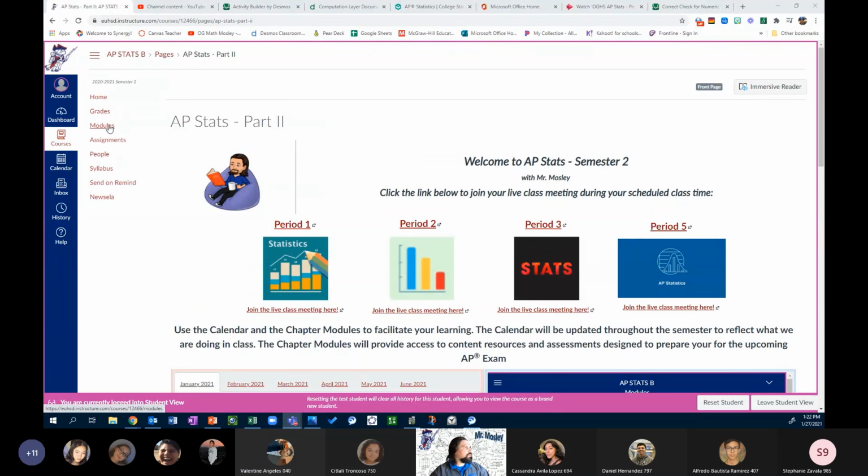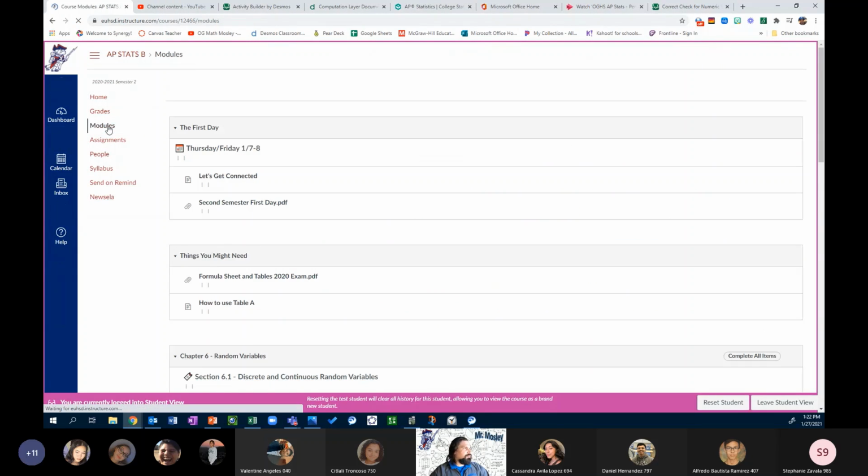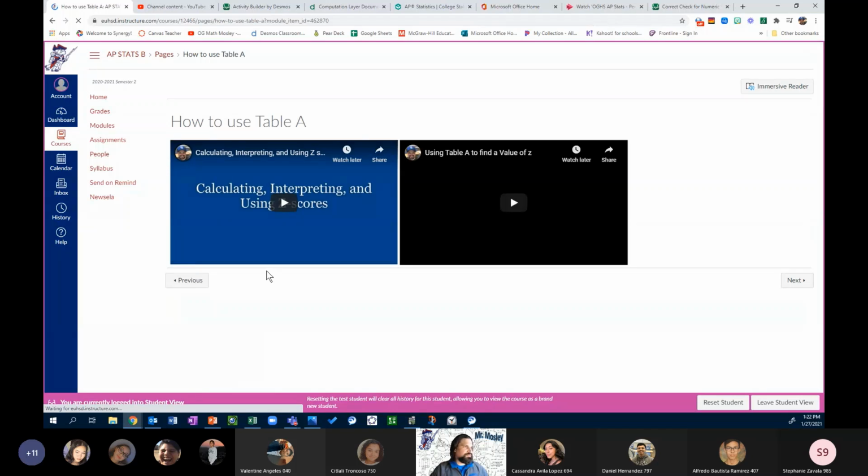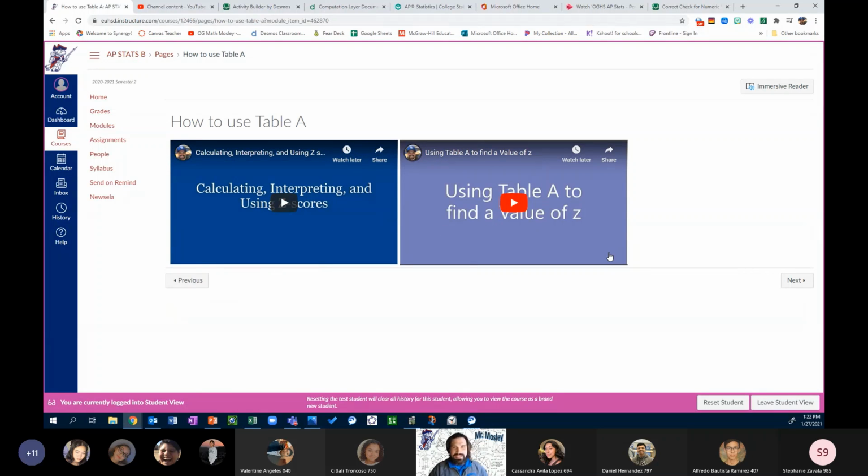So there's that. If we take a look at our modules, in our things you might need module, this one is just kind of like a catch-all for things that I think we should have access to. We've got our formula sheet and tables, and then I have this new page here, how to use table A. This actually has a couple of videos that I made last semester showing scenarios and problems on how to use table A in different contexts.